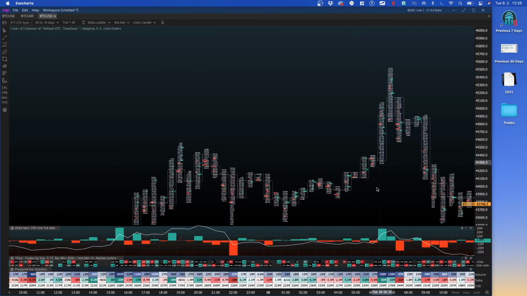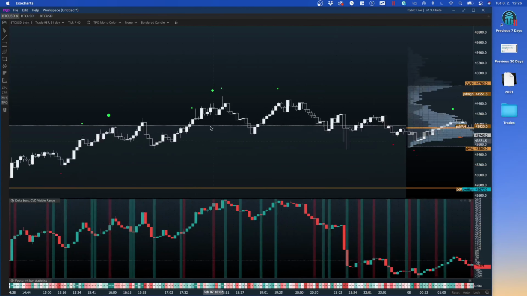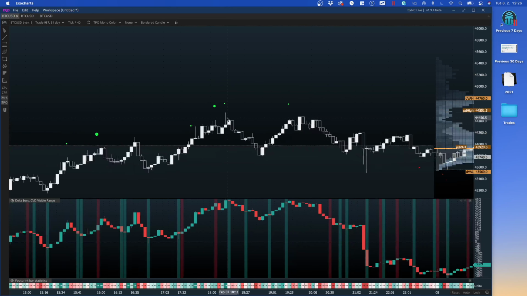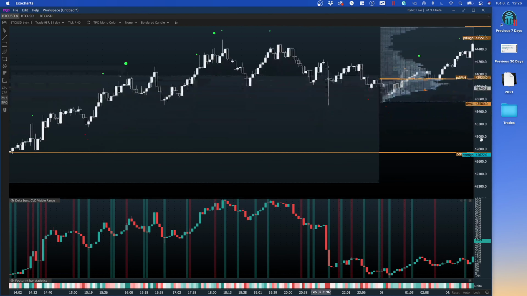Look how this high happened. The volume here on Exocharts is much lower. This is not that significant a blow off on volume, but still, if you are trading intraday, this is the candle where the high got actually taken, and you can scalp these things.